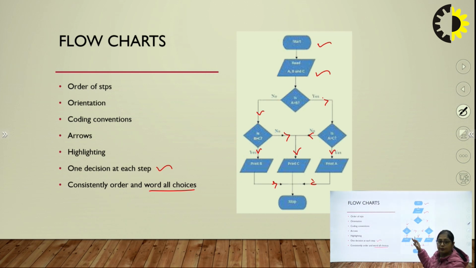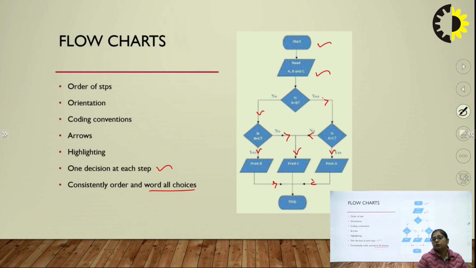The arrows show the flow of data. The start and stop are always in this oval shape. These are the input and output boxes, and this is the decision box, and every arrow has a meaning for moving forward from the decision.